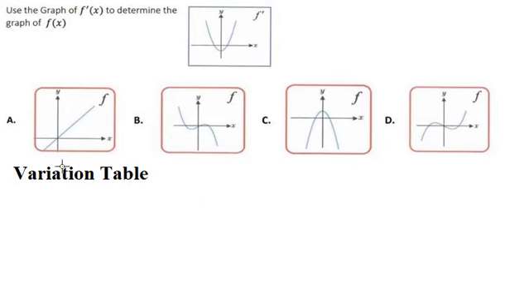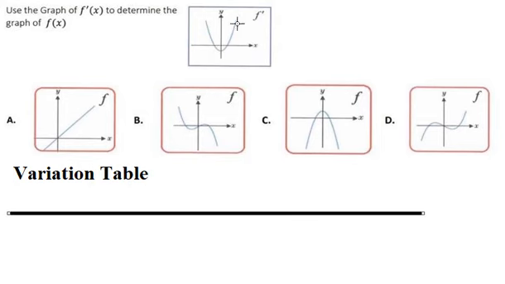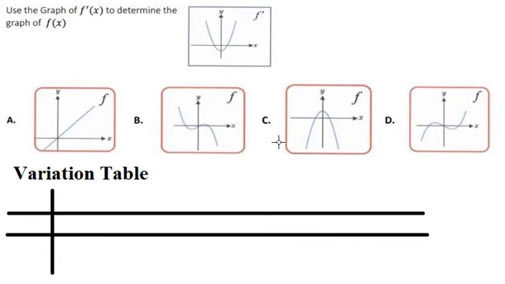So if we look at the graph in here, we have the first derivative f of x. We have from negative infinity to positive infinity.